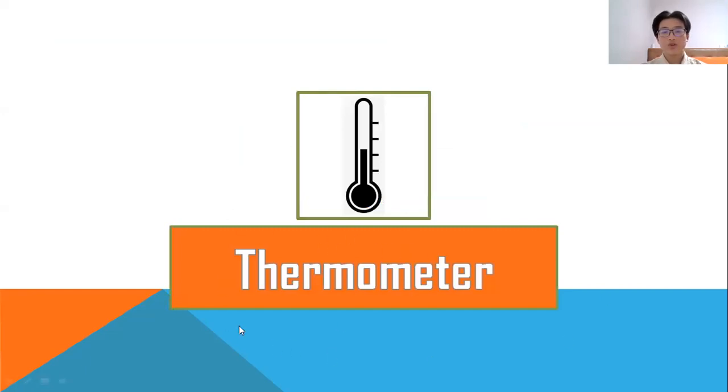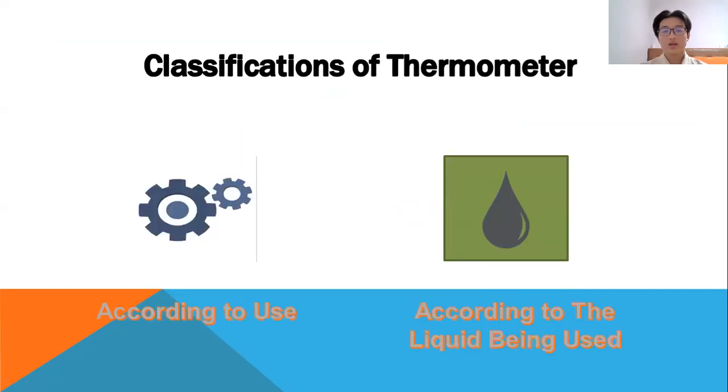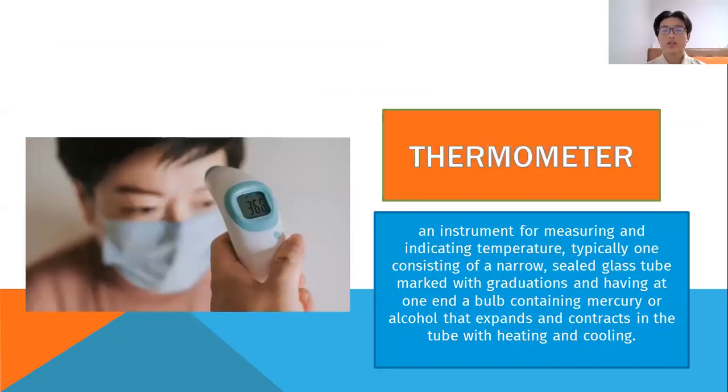Then we're going to move on to the thermometer. We're going to discuss the different types of thermometer according to their use and also according to what liquid is used inside the thermometer. But before we discuss the types, we need to know the definition first. A thermometer is an instrument.